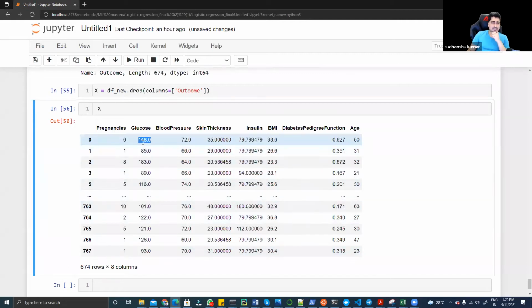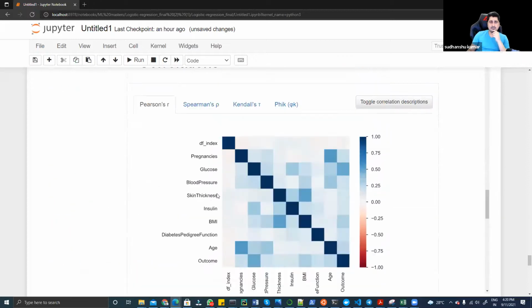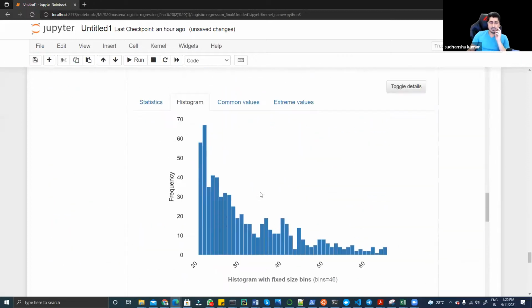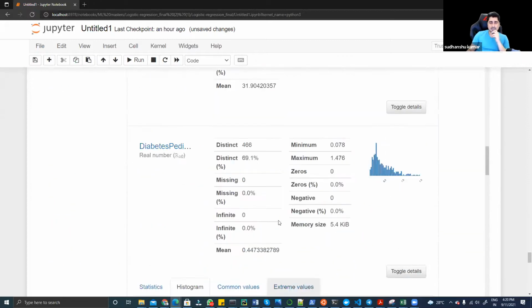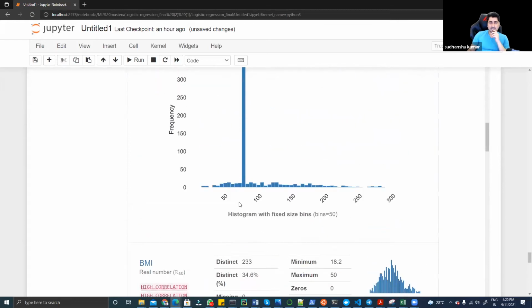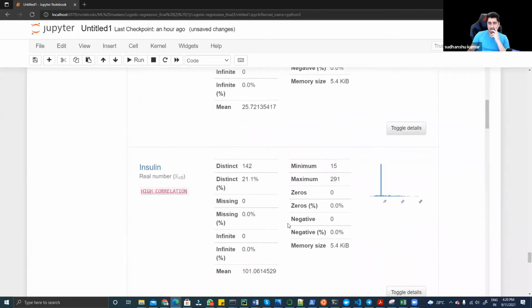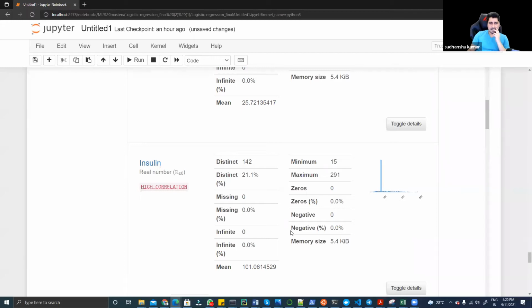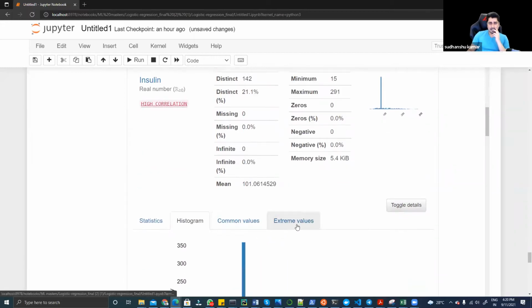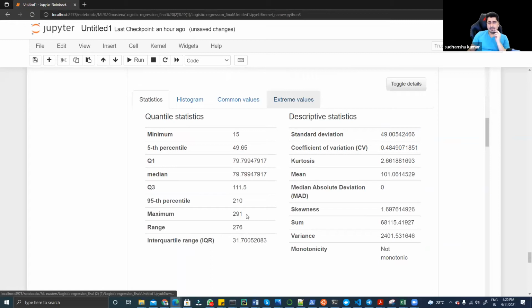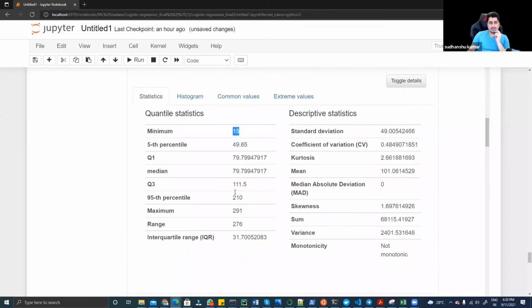Minimum and maximum are very far apart, and you will find the same report from here: what is the total range in which your data set is moving, for each and every column. If I talk about the insulin column, you will find the minimum value is 15 and the maximum is 291. It's ranging in a very high range.